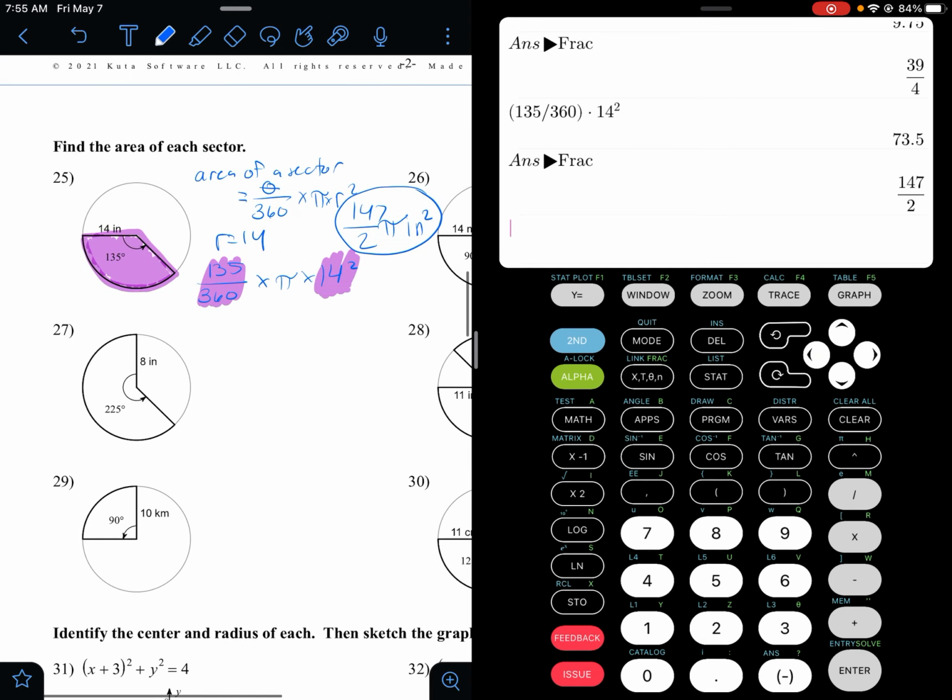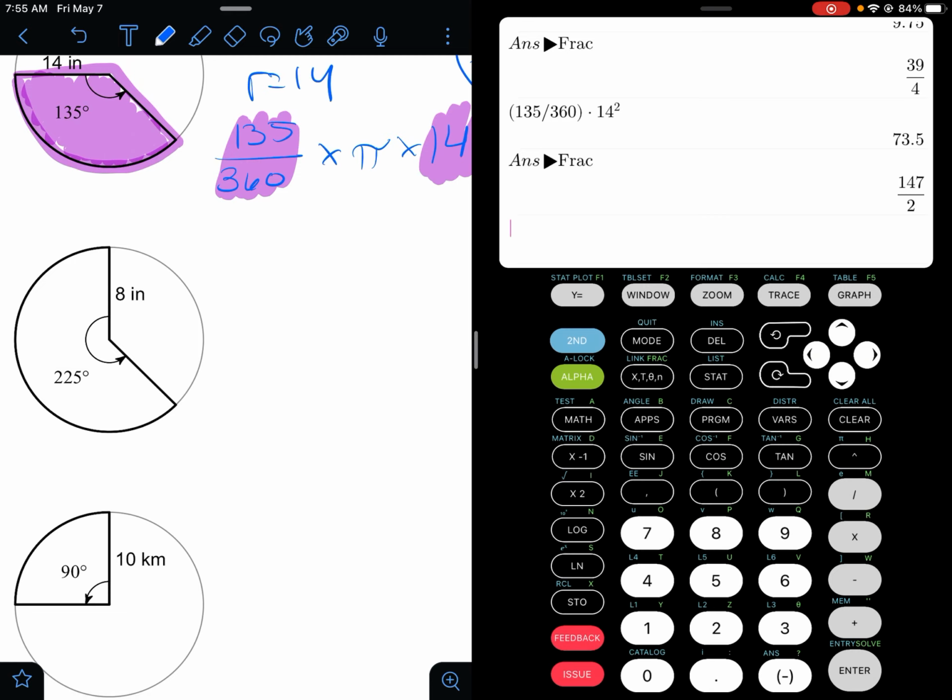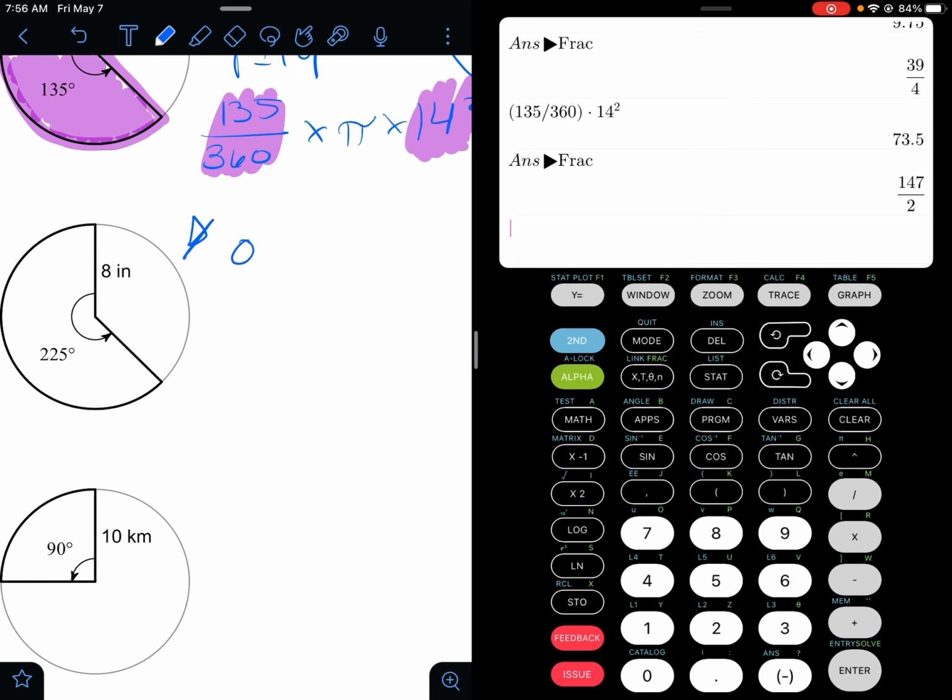All right, let's do one more example of this. Let's see if you can find the area of this one. Use the formula theta over 360 times pi times your radius squared. So when I do this, I get 225 over 360 times pi times 8 squared.